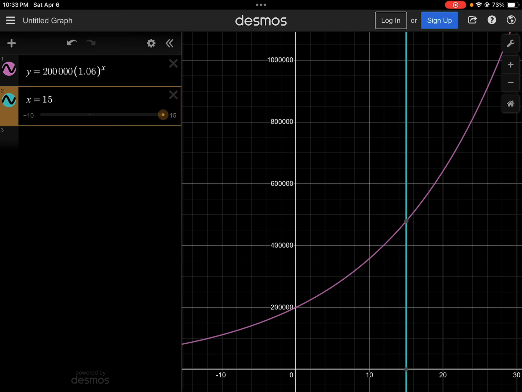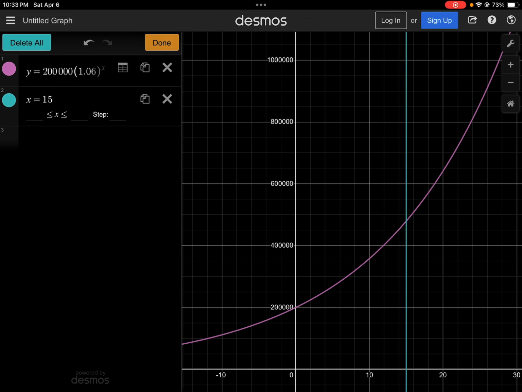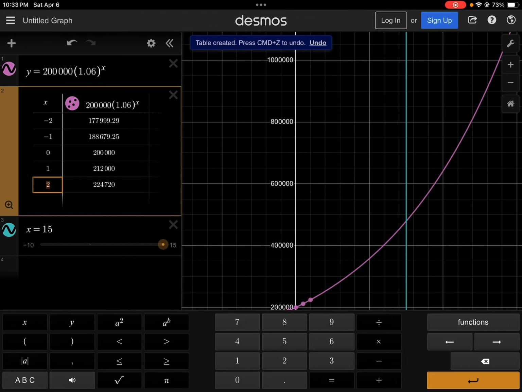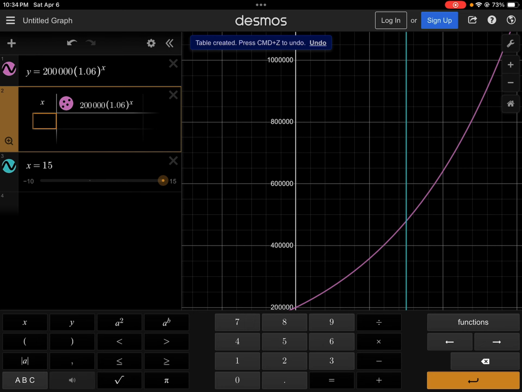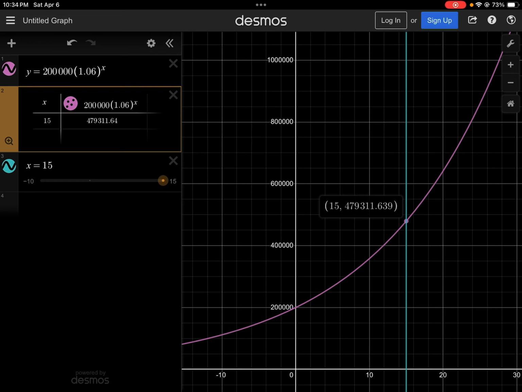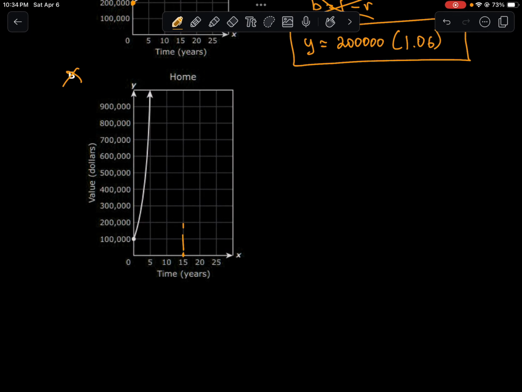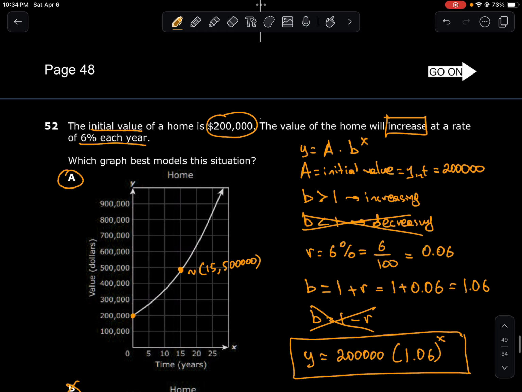It's going to give you an intersection that you can easily tap, and you will see that this point is the same as what you would get if you put a table. So either way you could get that point here. Well, everything indicates that this is the correct answer.